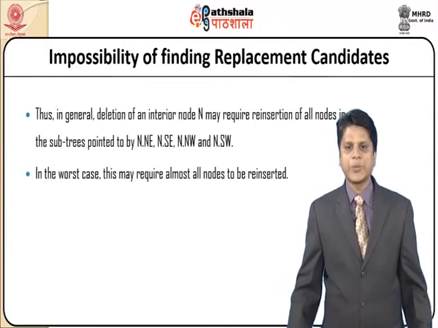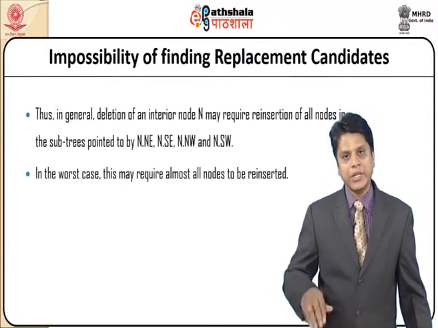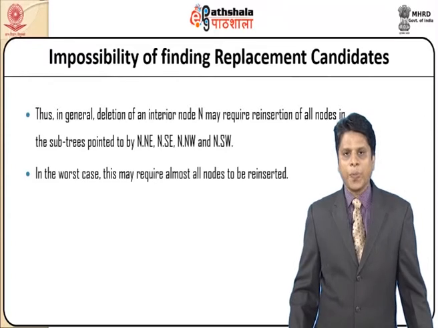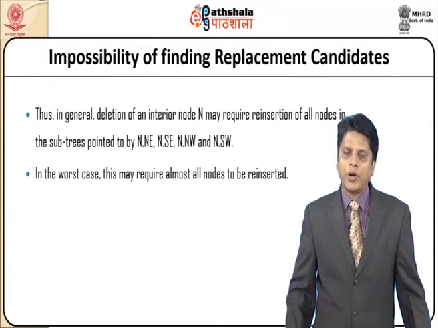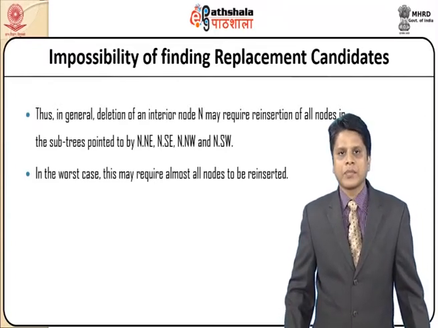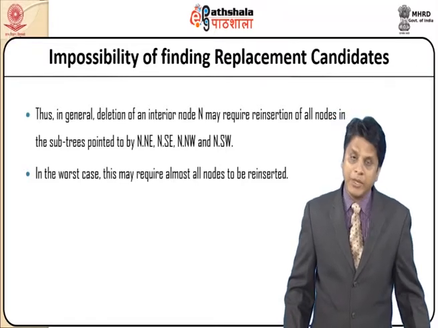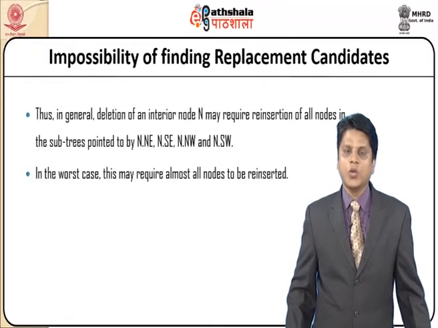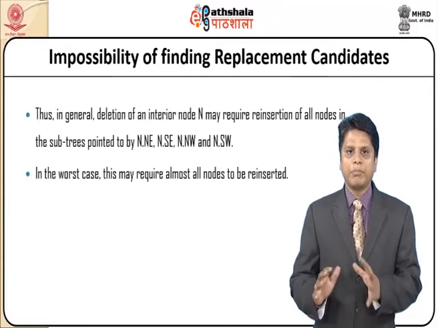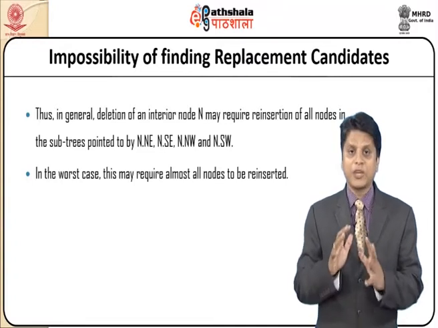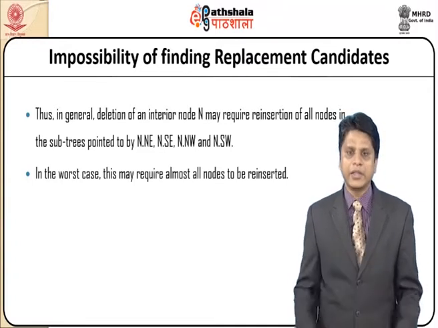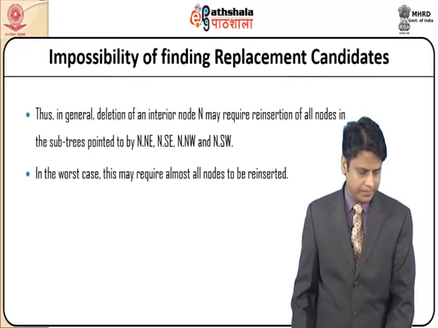In the worst case, this may require almost all nodes to be reinserted. So, anything that wants to be replaced, there may be worst cases where all nodes have to be replaced if a specific node in the tree is to be deleted.